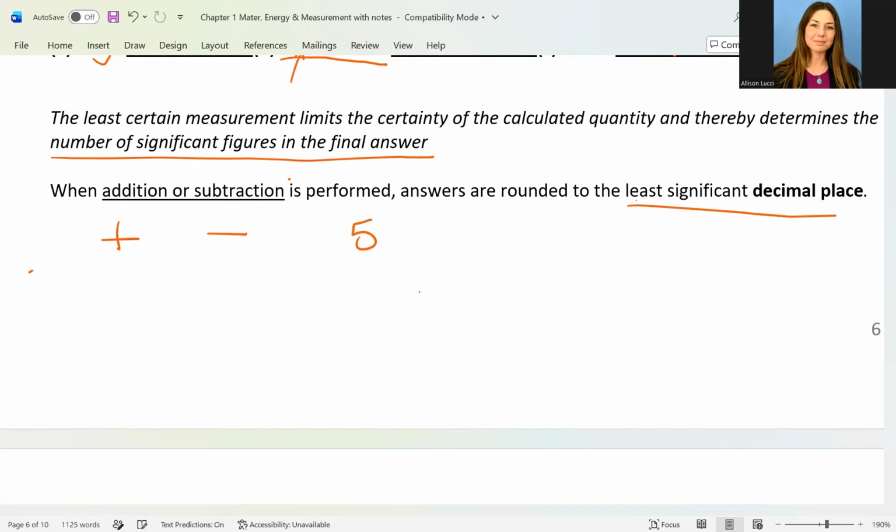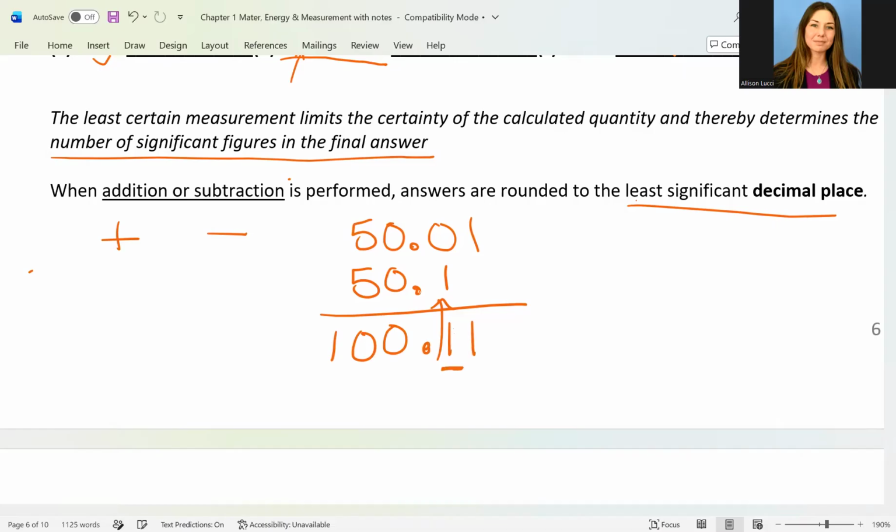Say I have 50.01 and 50.1. This is my least significant decimal place. I add these numbers up and get 100.11, but I'm only going to have significance to this point here. So my final answer will be rounded to just 100.1. Again, this is based on the least significant decimal place when we add or subtract.